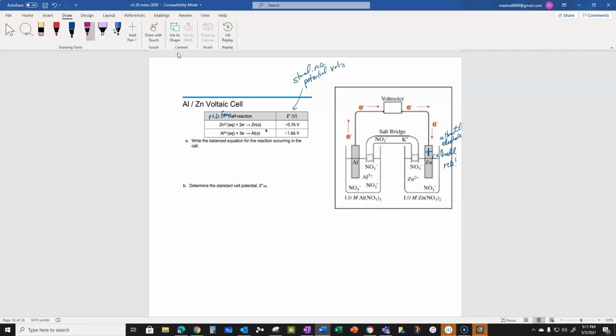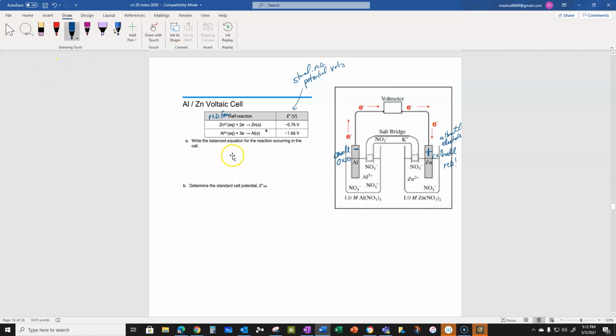And this aluminum right here, because the electrons are leaving it, negative, because remember, same charges repel each other, this is the anode. And this is where oxidation occurs. So this is where they don't have to tell you, you have to figure it out from a picture. So write the balanced equation for the following, and then we're going to calculate E cell.